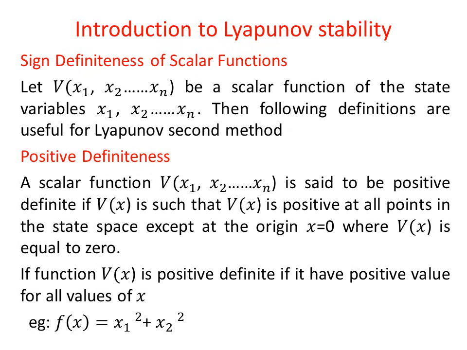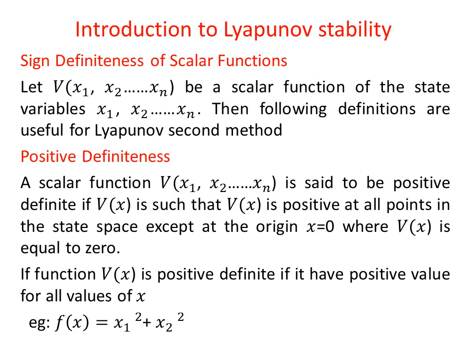First of all, we have to study what is positive definiteness. Positive definiteness means a scalar function v of x, where x is a state variable, is positive for all values of x except x equal to 0. If we put x equal to 0, that is x1, x2, etc. to xn are 0, then the function becomes 0.